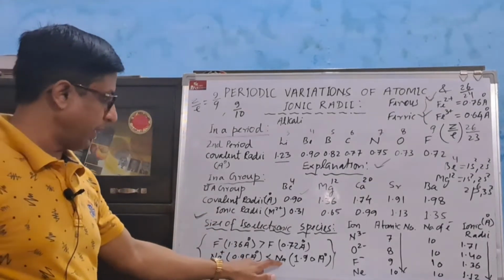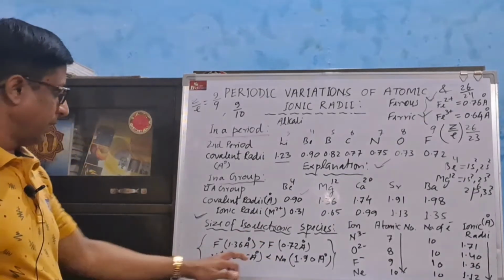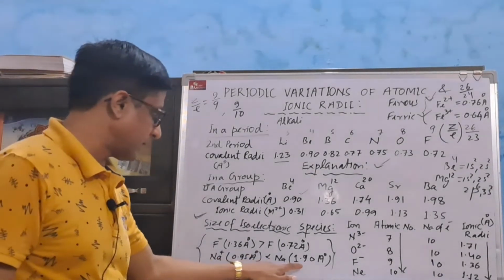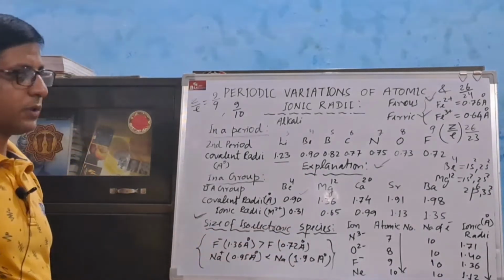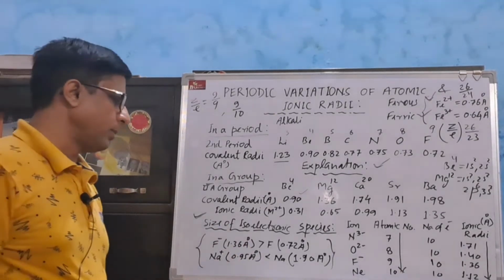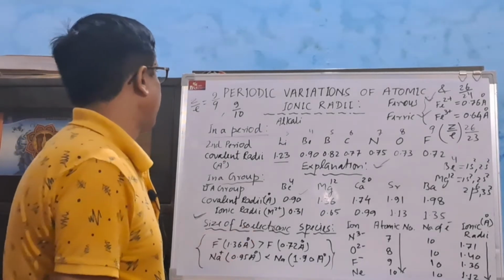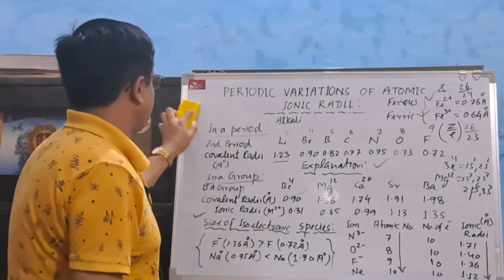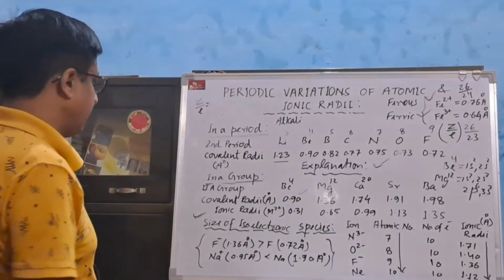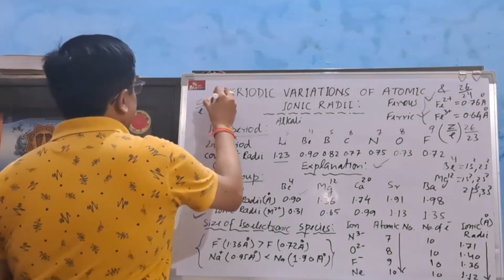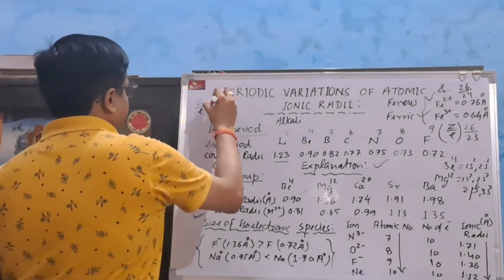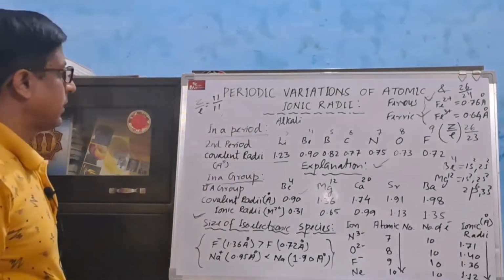Similarly, here we can see that the size of sodium atom is larger than sodium ion. Sodium atom has size 1.90 angstrom, but the sodium ion has size 0.95 angstrom. This can also be explained on the basis of Z upon E concept. In case of sodium atom, atomic number is 11 and number of electrons is also 11.